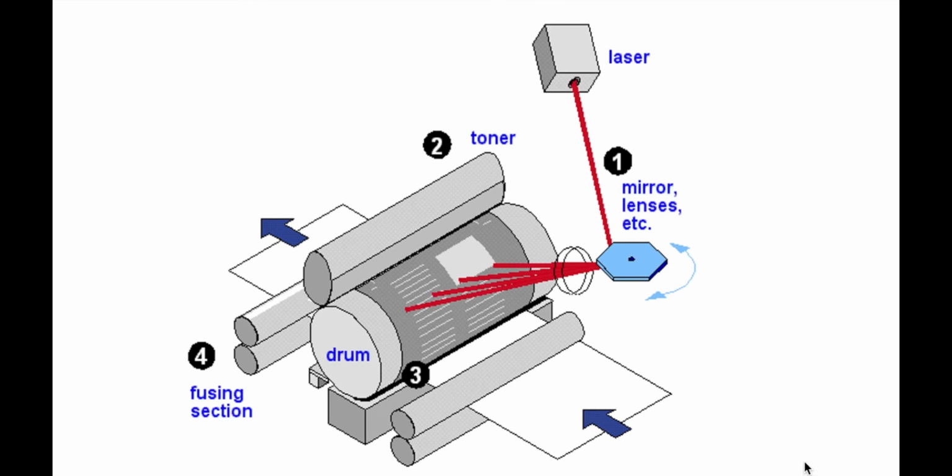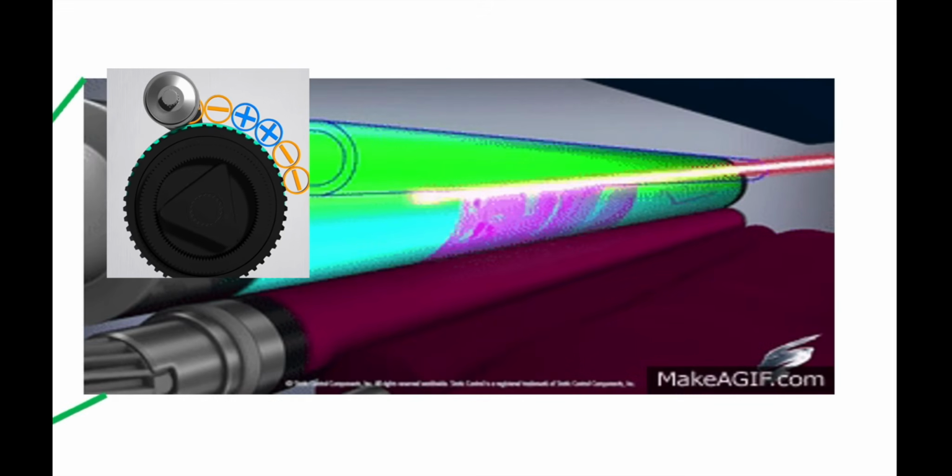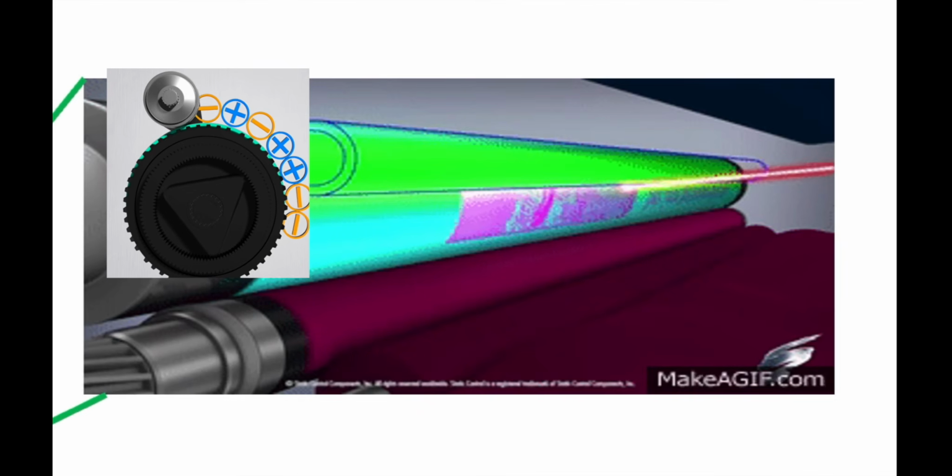Now, let us see the working of a laser printer. As you can see here, the laser source produces a laser light which consists of information in the form of light, and that light falls on a mirror, and the mirror reflects it onto a photosensitive material like an aluminum drum, where wherever data is there, that portion of the material will be charged positive.